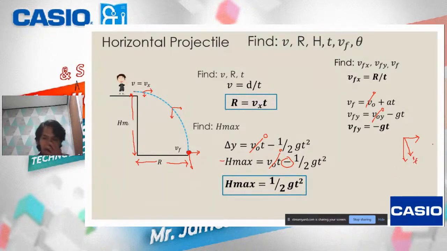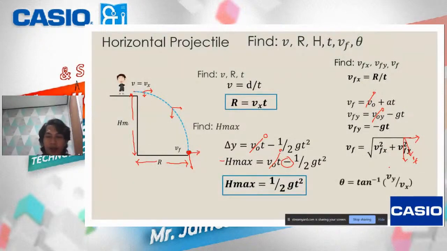Ito yung x, ito yung ating y. So, we just used our equation, Pythagorean theorem. vf is equals to the square root of the sum of square of our final velocity along x and y. And to get the value of our angle, we use tan -1 or inverse of tan of Vy over Vx. Okay? So these are the equations that we are going to use for horizontal projectile.